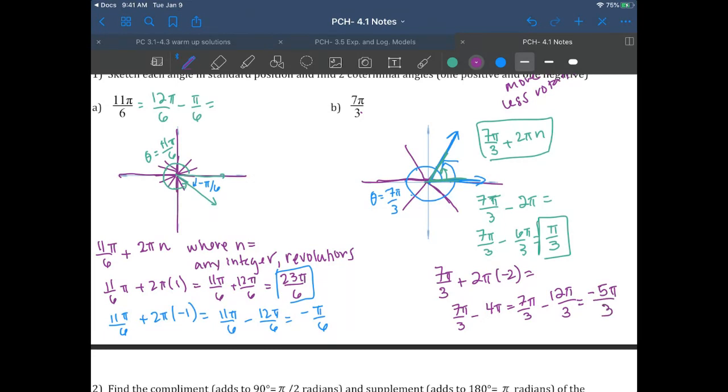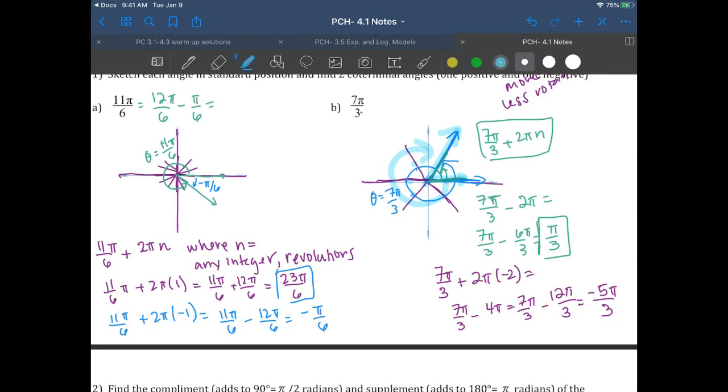So let's count. From the starting point, from the initial side, 1, 2, 3, 4, 5. So right here, again, but this time we're going backwards.